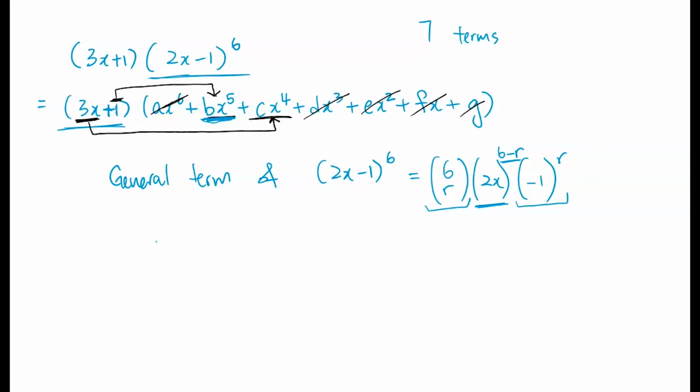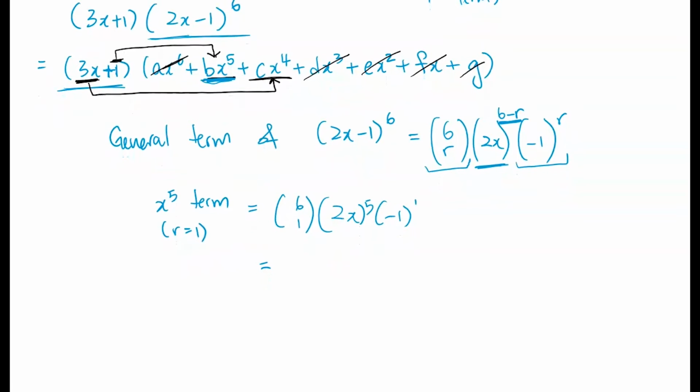So for the x to the power 5 term, r equals 1, because 6 minus r has to be 5. So r is 1. So that is equal to 6 choose 1, 2x to the 5, and negative 1 to the 1. If you simplify that, you're going to get negative 192 x to the power 5.